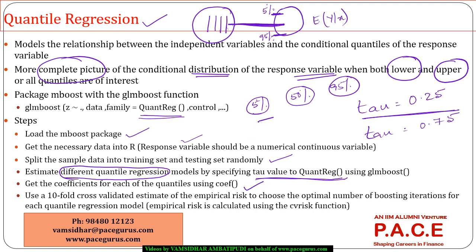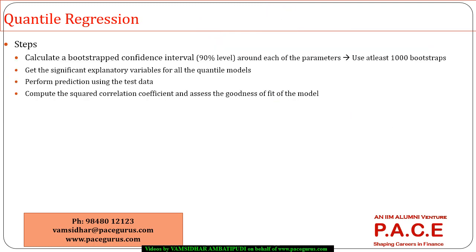For 5 percentile, I'll get a different coefficient. For 50 percentile, I'll get a different one, and for 95 percentile, a different one. I'm doing a 10-fold cross validation for each of these 3 models. I'll use different CV risk functions across each of these models. So I'm going to get different fitments for each one of them.